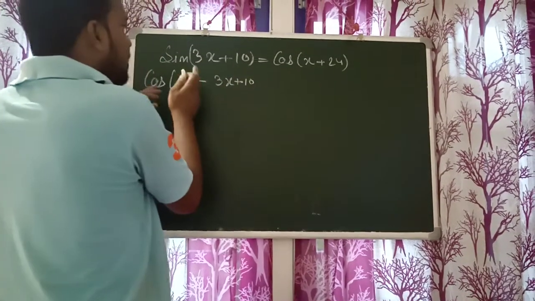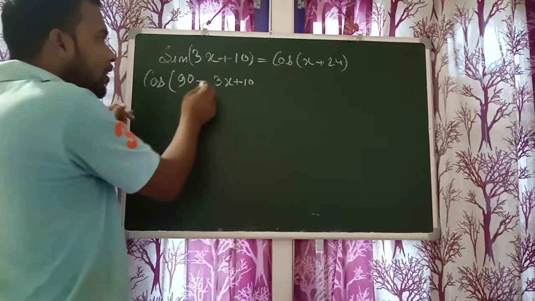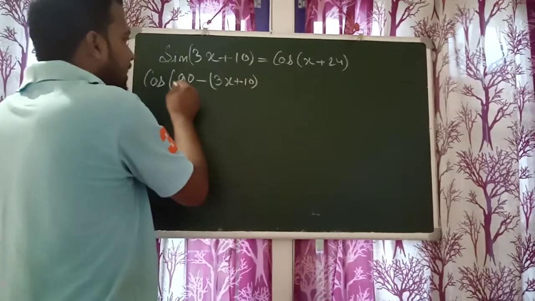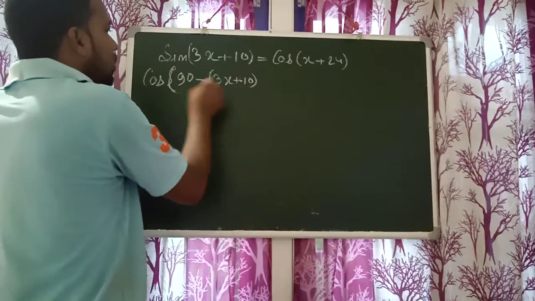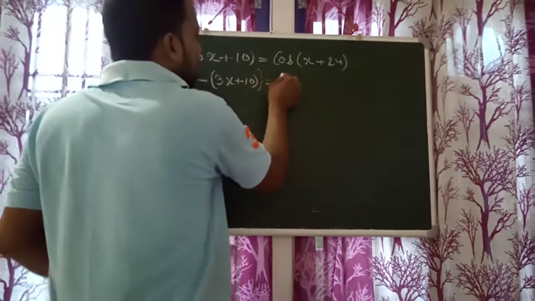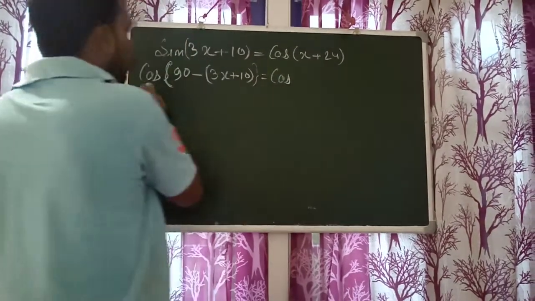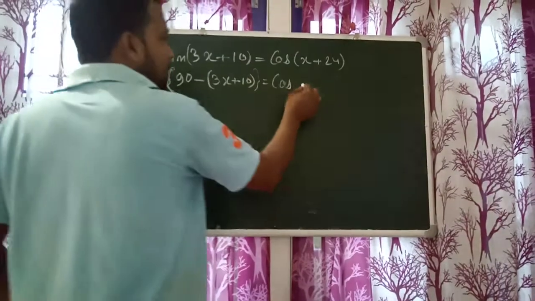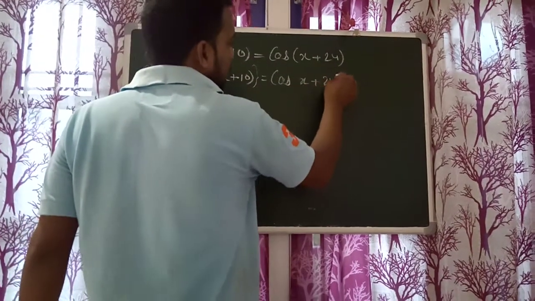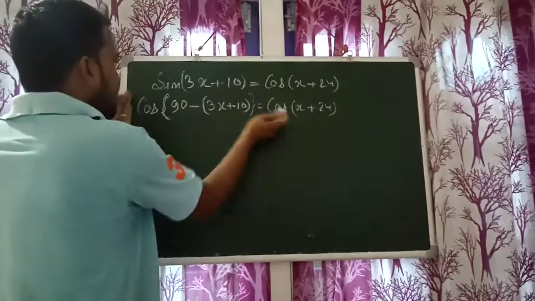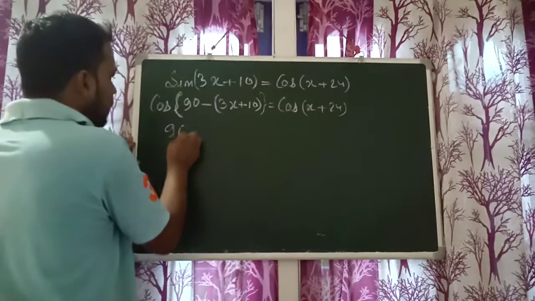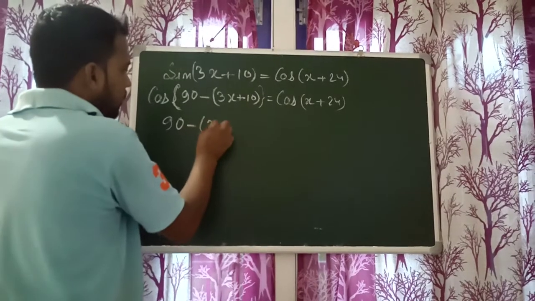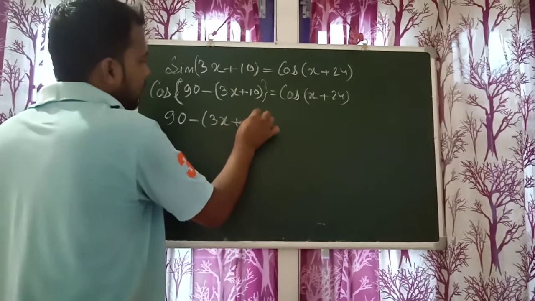But here since this sign is minus, if you do not use this bracket here, then your answer will be wrong. Okay, then is equal to cos; this side we brought to cos, here cos is there, x plus 24. Okay, now see this one, cos and cos cancel, then here 90 minus (3x plus 10) is equal to x plus 24.